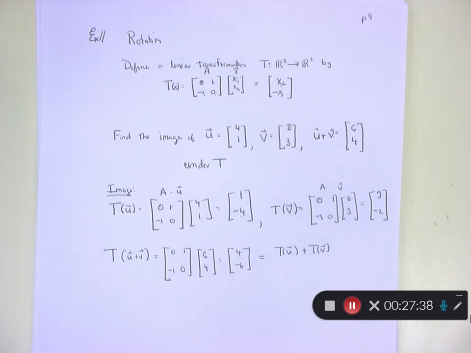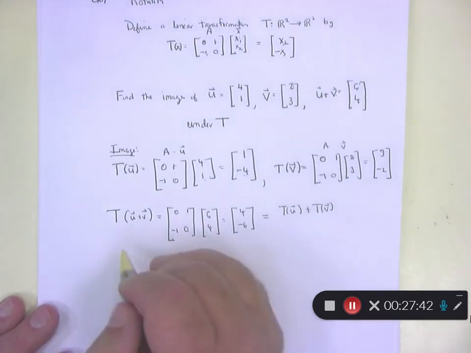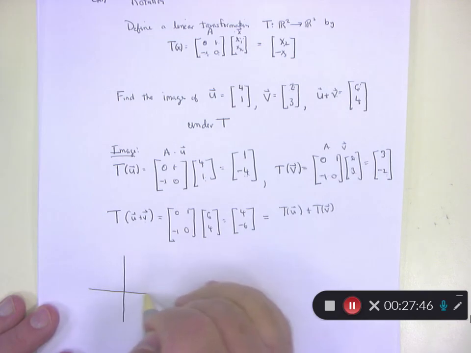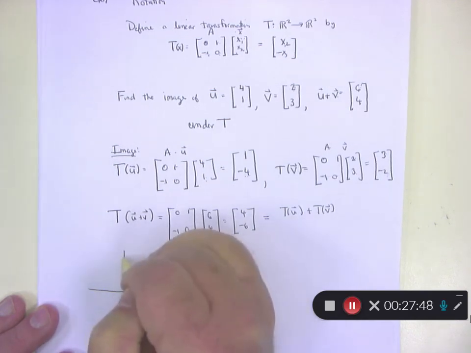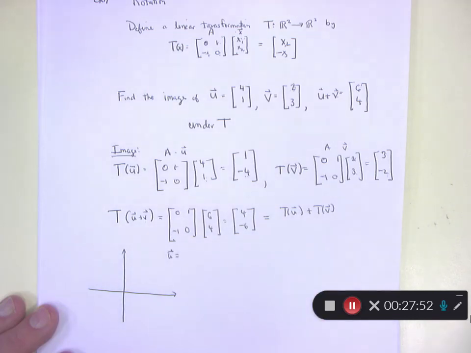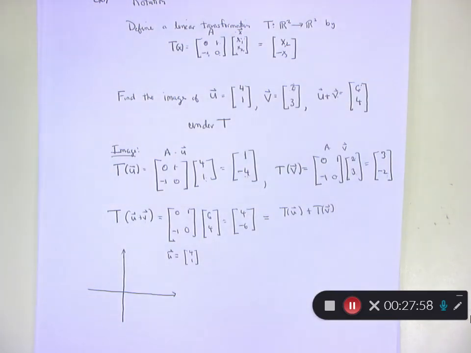Now, what exactly is going on here? Let's take a look at vector u. What was vector u? Vector u was the vector (4, 1). And I'm going to start introducing some notation because it saves a lot of time when I'm typing up a test.